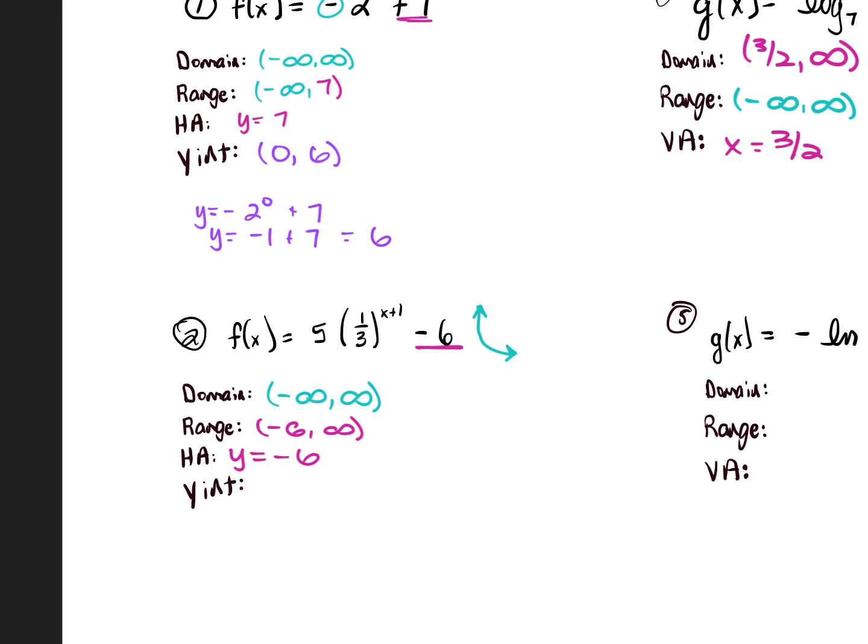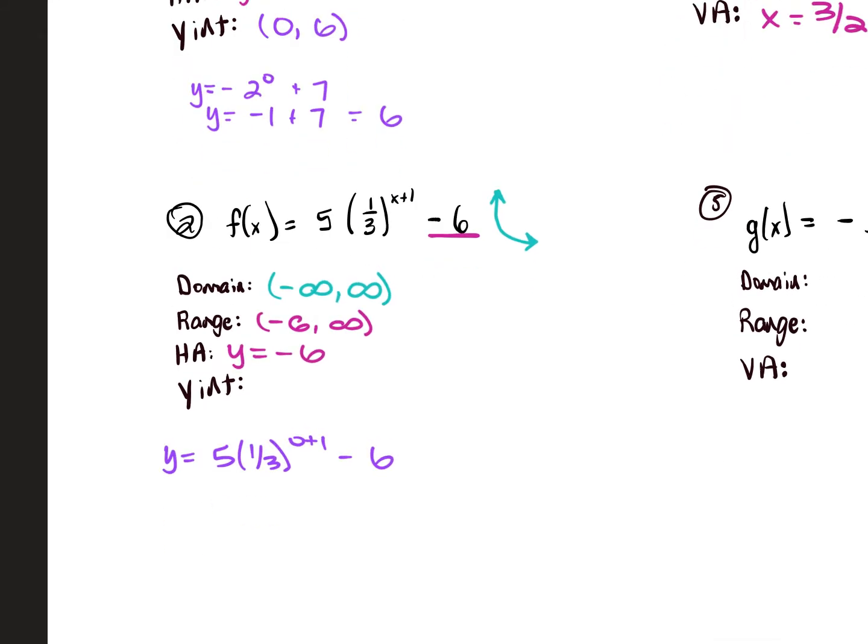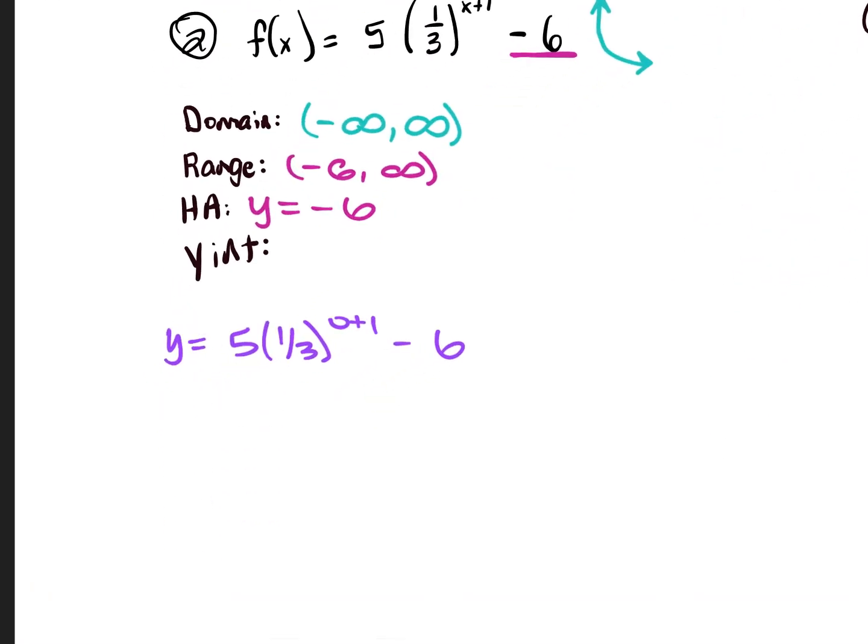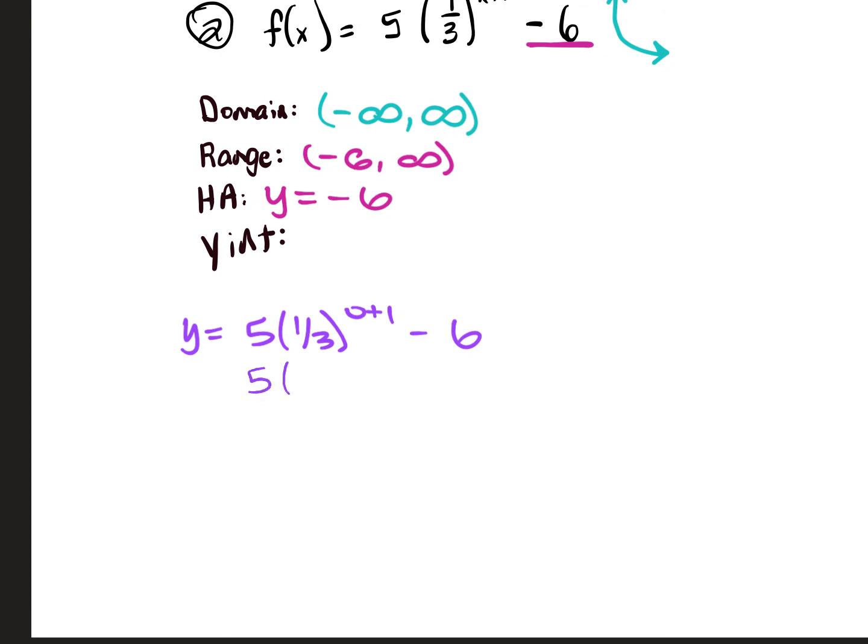So if we rewrite this as y is equal to 5 times 1/3 to the power of 0 plus 1 minus 6, this is going to give us 5 times 1/3 to the power of 1 minus 6. 1/3 to the power of 1 is just 1/3. So 5 times 1/3 minus 6. That's 5/3 minus 6.